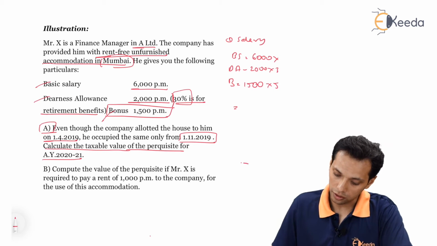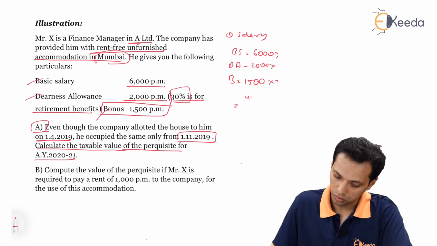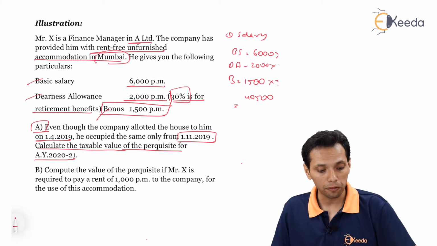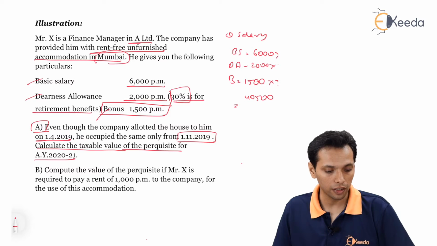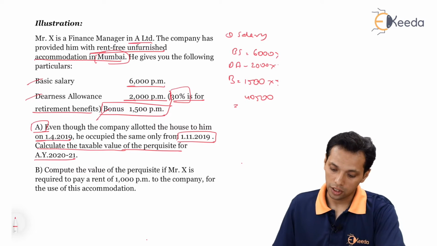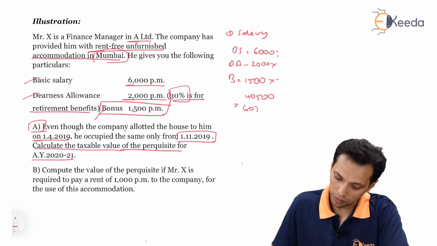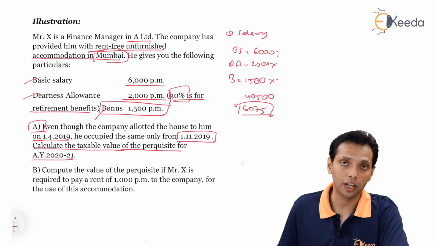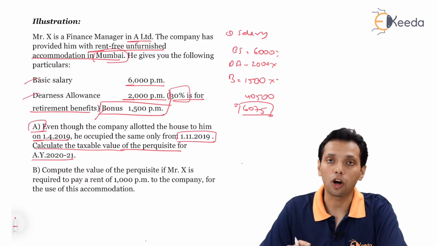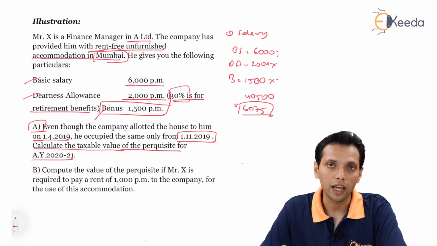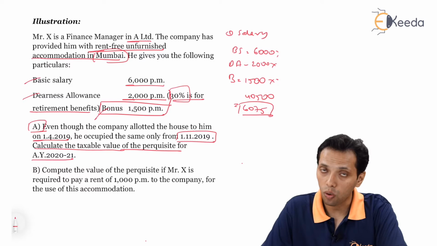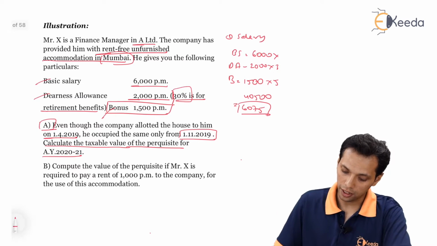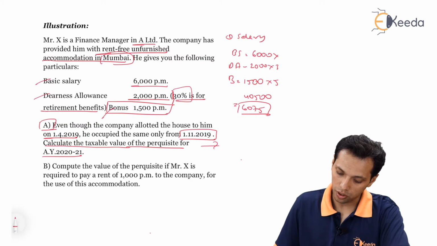So total is 40,500, and 15% of the salary is nothing but 6075. 6075 would be the perquisite value in case of unfurnished accommodation provided by the employer and the accommodation is owned by the employer.